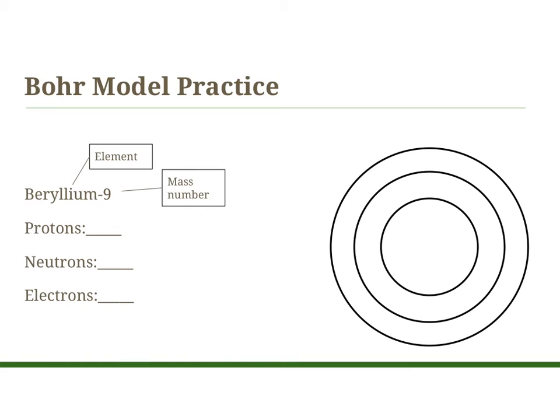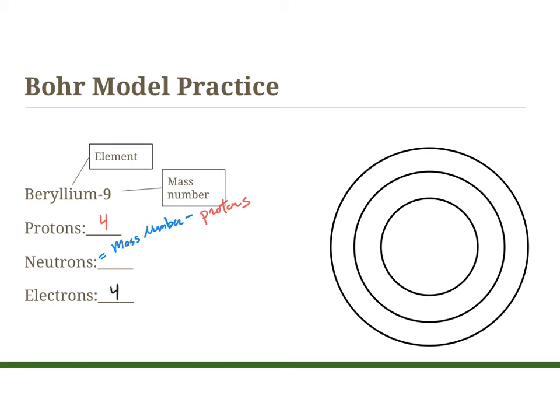We're now going to do the element beryllium. So I'm going to go to the periodic table, and I'm going to see that beryllium has an atomic number of 4, which tells me that in a neutral atom there are 4 protons and there are 4 electrons. Neutrons is equal to mass number minus protons.